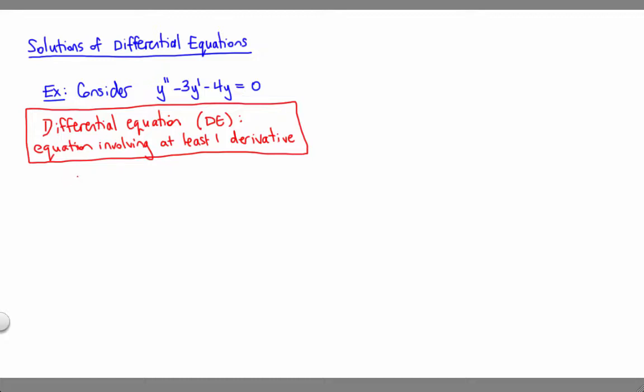And just to give you a bit more context here, y is a function of x. So when we look at this differential equation, when we think about solving it, we'd be asking whether there's a function y out there that has the property that its second derivative minus 3 times its first derivative minus 4 times itself equals 0. So let's explore this a little bit more in the course of our example.